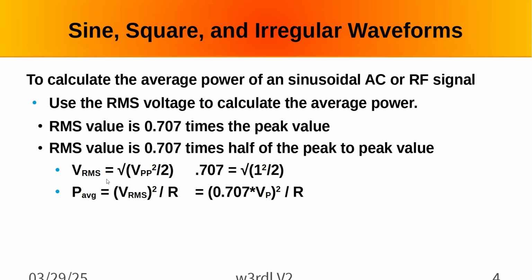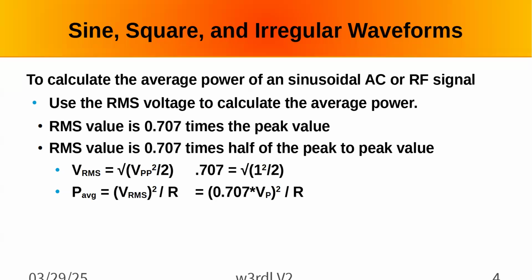Okay, this is just what I said. There's your formula. There's no question where you have to plug that in this time. 0.707 equals the square root of 1 squared over 2. 1 squared is 1.